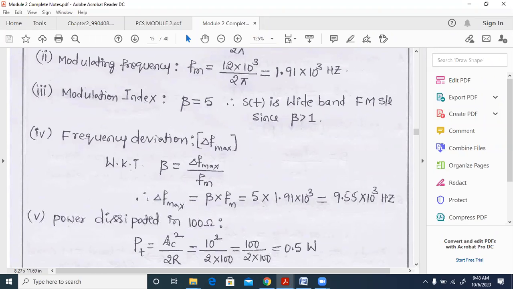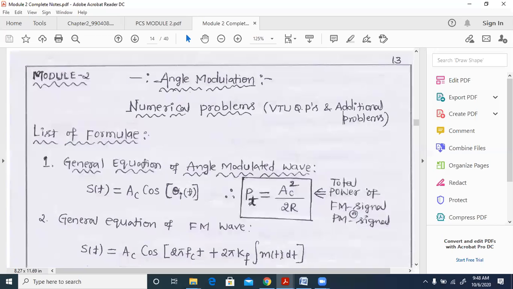So del F max is equal to beta into FM, and that will give us 5 into 1.91 into 10 to the power of 3, which is equal to 9.55 into 10 to the power of 3 hertz, that is 9.55 kilohertz. Then power dissipated in 100 ohms is PT equal to AC squared by 2R. AC is 10, so 10 squared by 2 into 100, that will give us 100 by 2 into 100, which is equal to 0.5 watts.